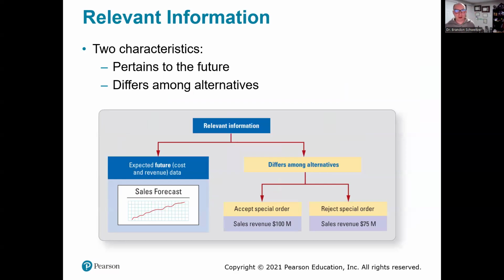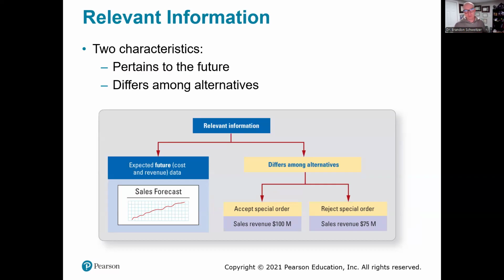So when we look at relevant information, we're looking at what's relevant to the decision, right? So here we're looking at if the information is critical to the future of the operation, and we're going to look at the differences between the alternatives.